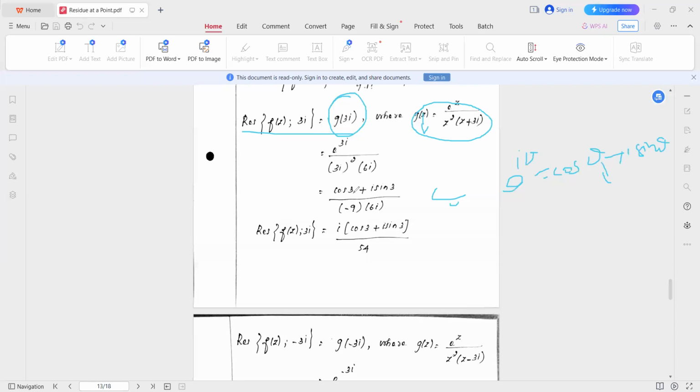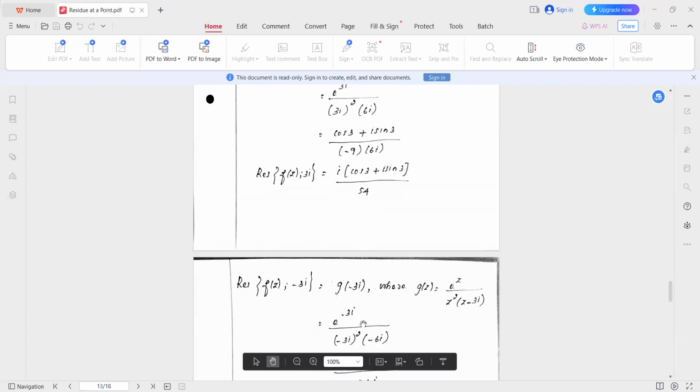As i shouldn't come in the denominator, we multiply and divide by i. The numerator will now have the i, and the denominator will have i square. So i square is minus 1, so minus and minus become plus, 9 into 6, 54. Therefore, residue of f of z at the point 3i is i into (cos 3 plus i sin 3) divided by 54.